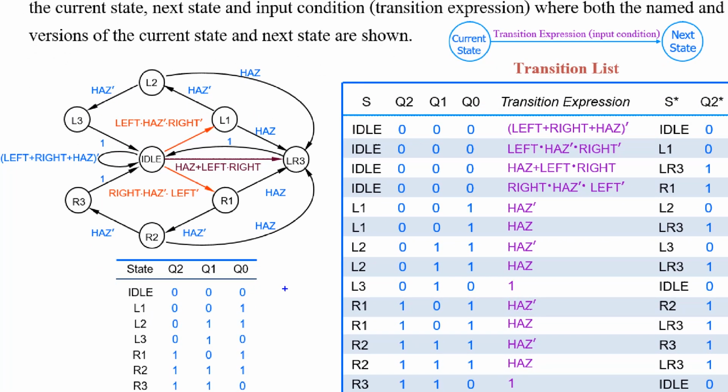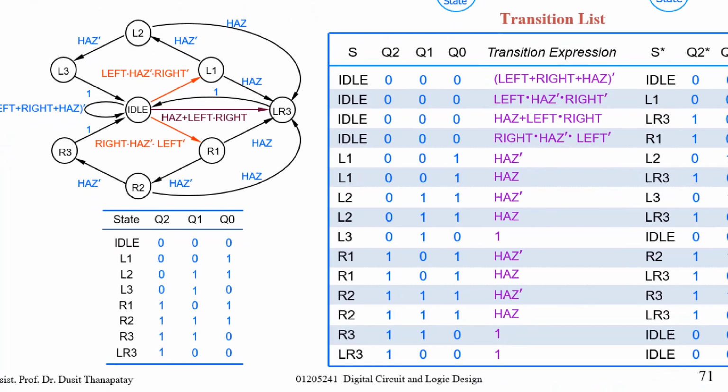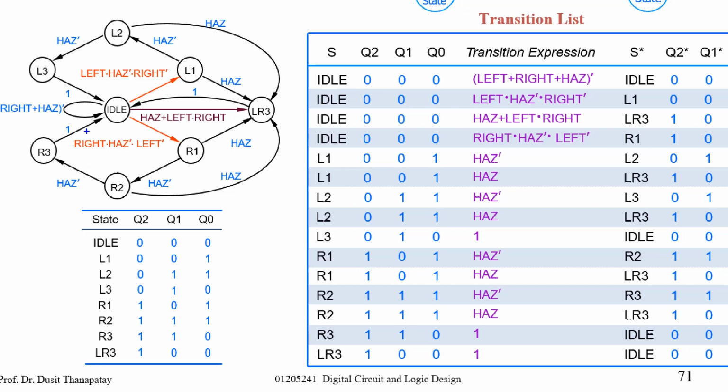If you do this for L1 also, consider 1, 2, right? 2 leaving arcs from state L1. So you just write down the beginning and end. Change from L1 to L2 by this input condition. L1 to L3, okay, by this condition. For a state, you do this for every state.